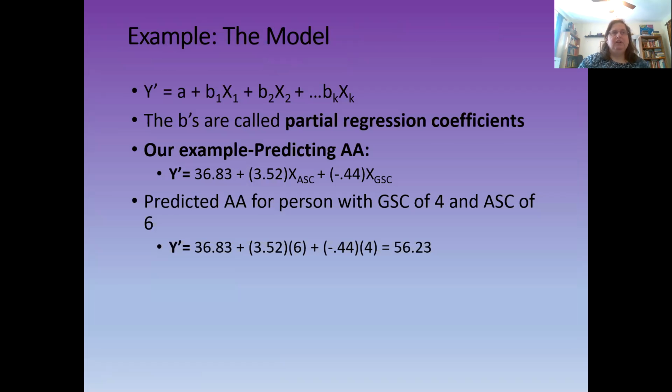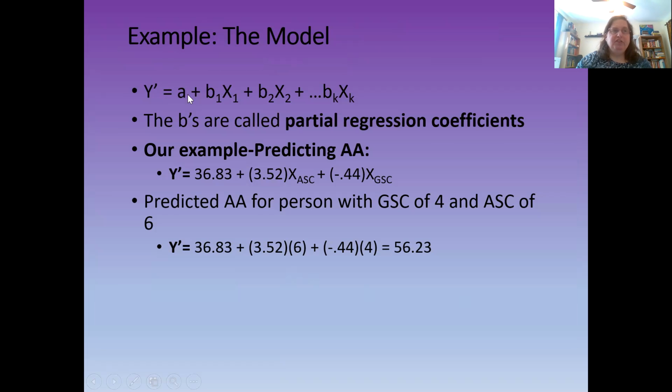Now let's look at the model. This Y with the little apostrophe here is the same as a Y hat. Remember we put a hat on the Y before? It says the same thing. It's your predicted Y. It's just another way to write that. So what is our predicted Y in this case?